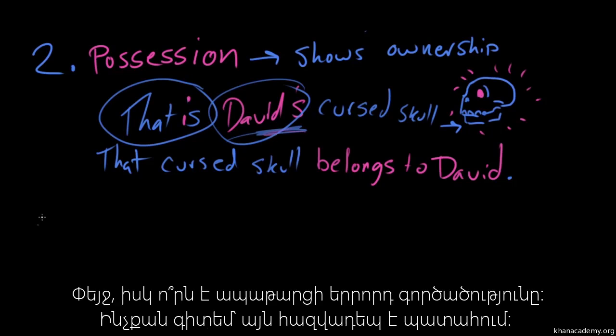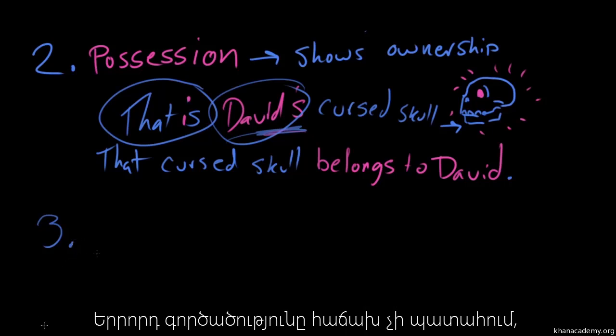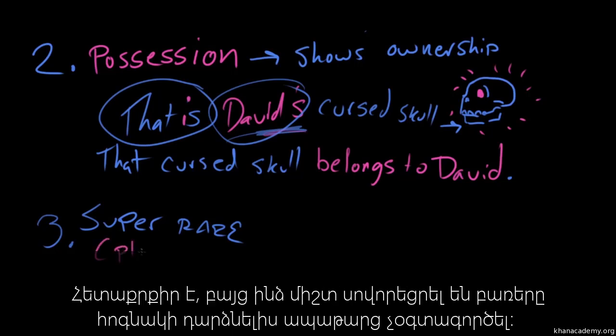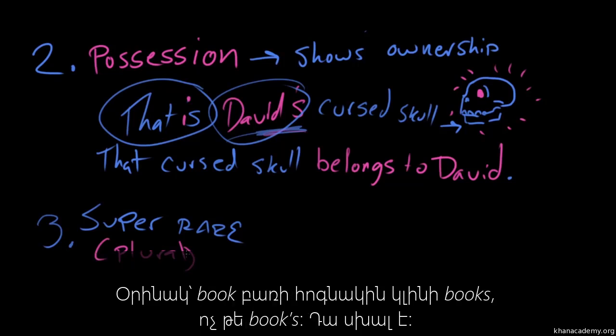Paige, what's the third use of apostrophes? It's pretty rare. The third use does not happen very often, but apostrophes can occasionally be used to make words plural. Okay. Because I was always taught never to use apostrophes to pluralize stuff. Like the plural of book is books, not book's. That's wrong.